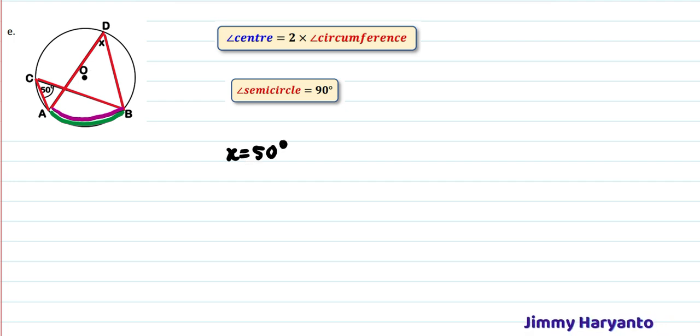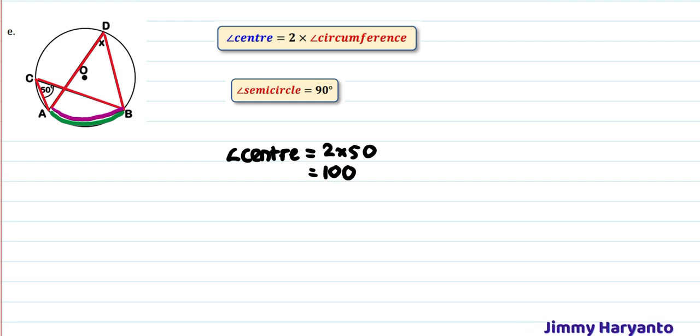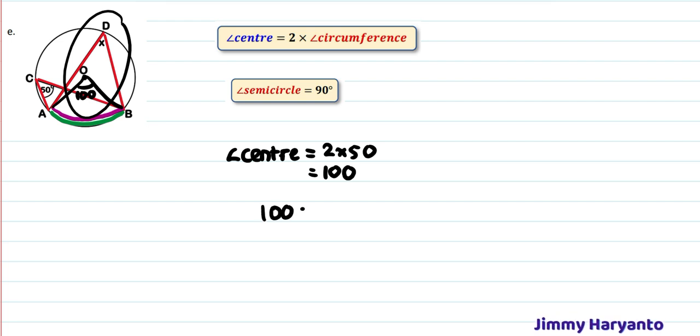Okay, actually to solve this, you have to find the angle of center first. Let's try to find the angle of center. The angle of center equals 2 times 50 equals 100, and then we have this angle of center, 100, and then we will use another formula for this one. So angle of center 100 equals 2 times x.